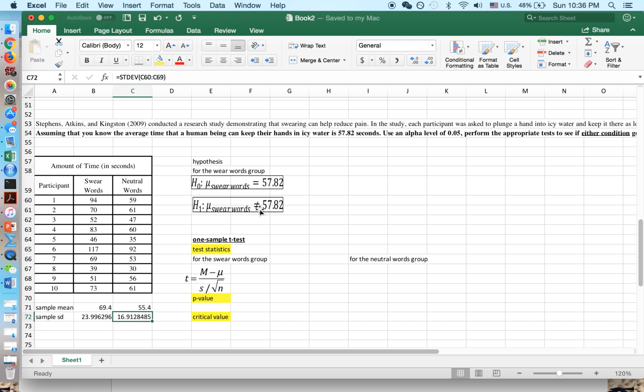Okay, so let's get down to business. The question is whether they will be able to keep their hands in icy water for 57 seconds or so, or is the group mean different? So what we are doing here is actually two one sample t-tests. Why are we doing t-tests here? Because we don't know the population variance, right?